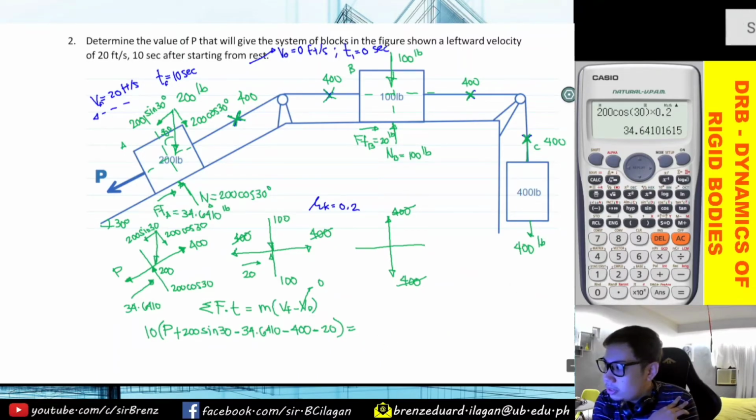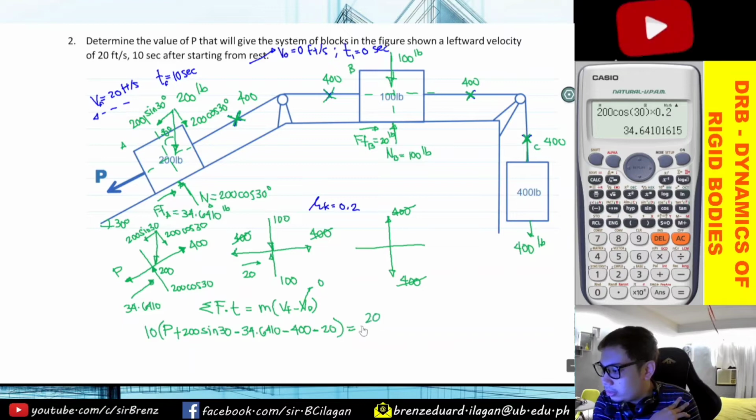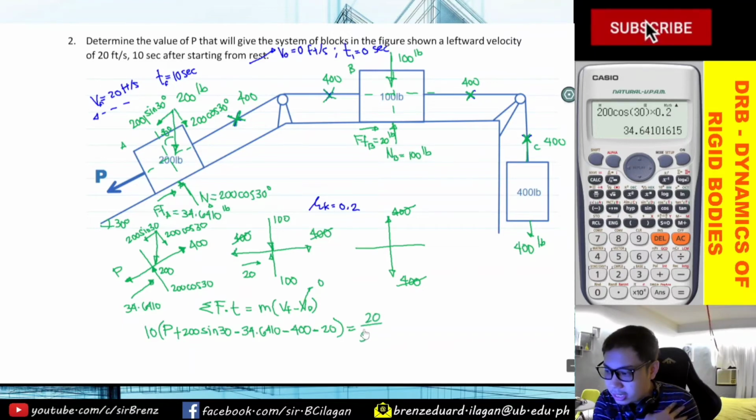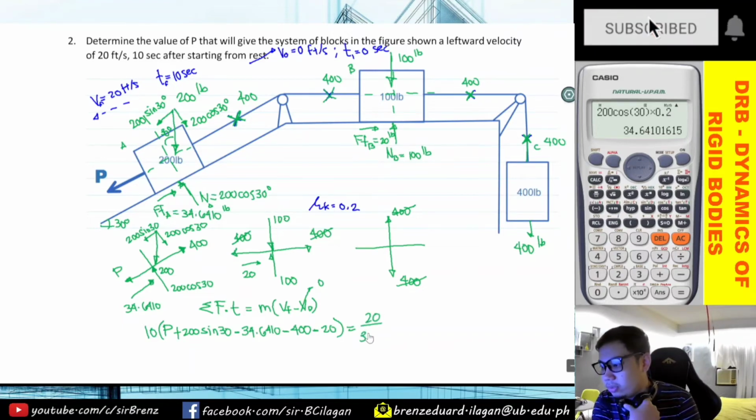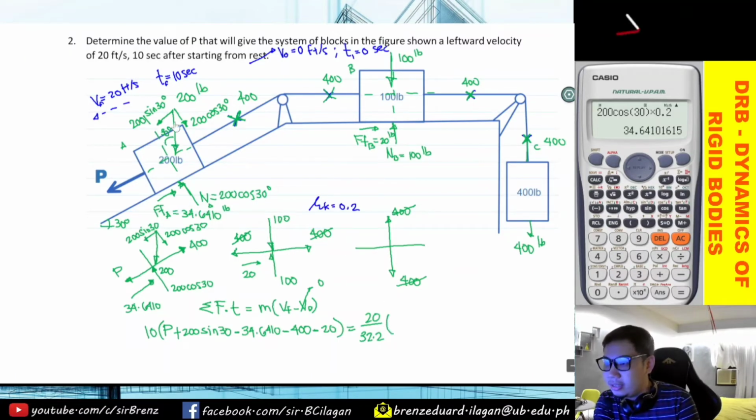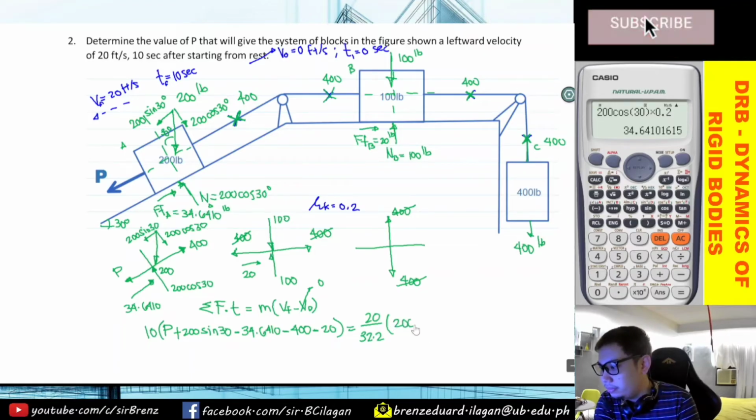Since common yung final velocity na 20 and tsaka yung gravitational acceleration na 32.2, i-factor out na lang natin siya. And yung itira natin sa loob ng equation, yung quantity, are the weight ng block. So that is equals to 200 plus 100 and then plus 400.